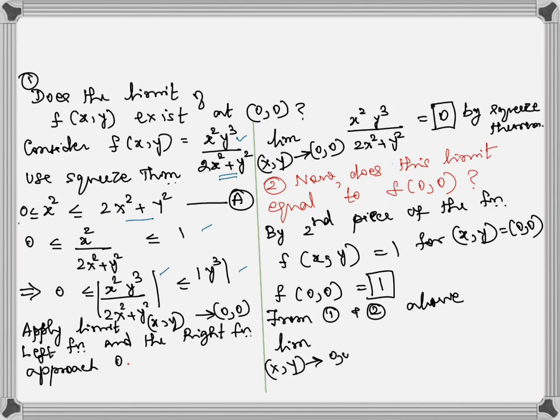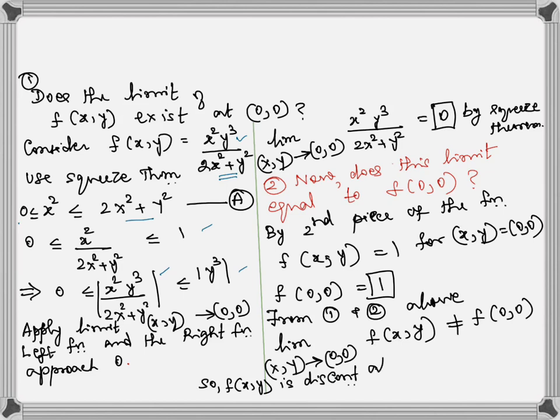So the limit as (x, y) approaches (0, 0) of f of x y is not equal to f of (0, 0). This shows that the function f of x y is not continuous at the origin, but everywhere else it is continuous. So f of x y is discontinuous at (0, 0).